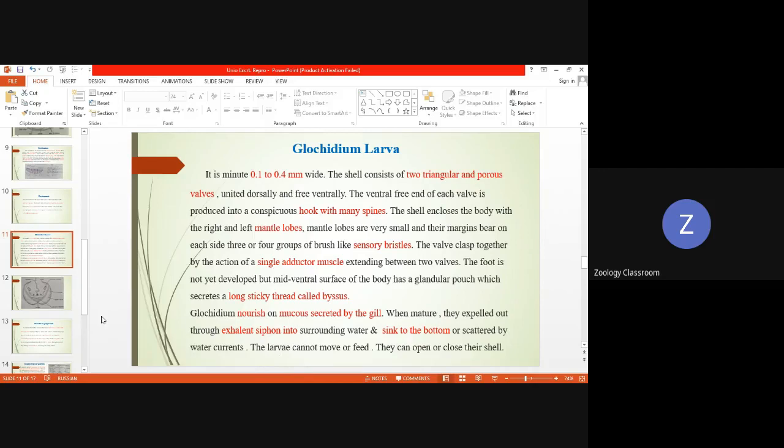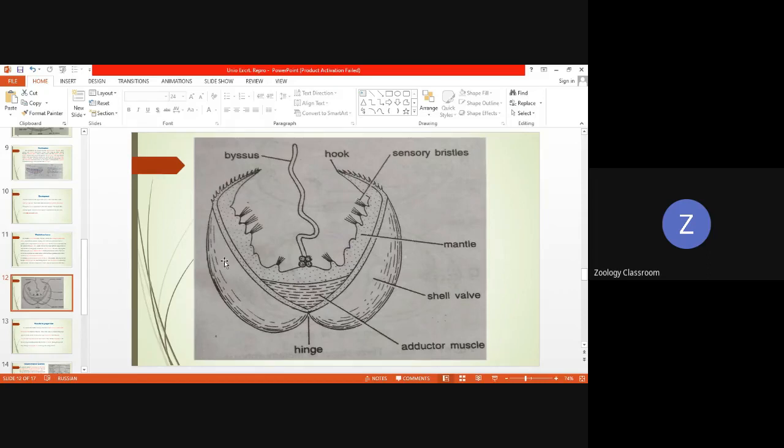आता पहा. See, the entire structure as I have mentioned, two shells are there, united at the dorsal side. They are open at the ventral side. The margin of the valve is protruded into the hook, which is having spines. The inner side of this shell is lined by the mantle lobes. Mantle lobes at each inner side show the sensory bristles.